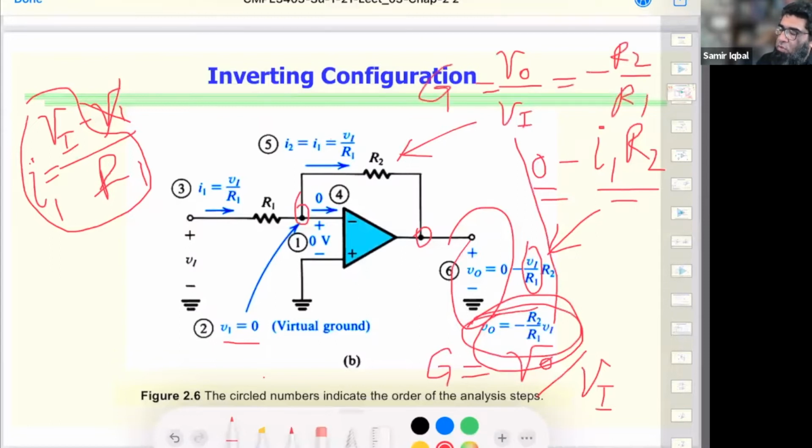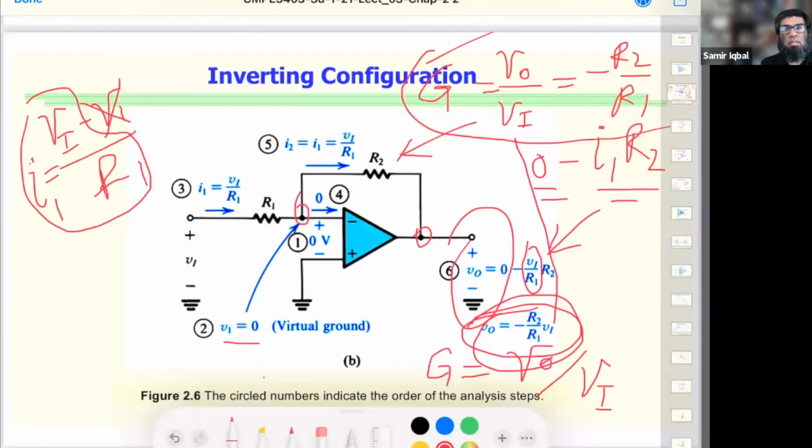So my closed loop gain is finite. We started with infinite open loop gain, but the configuration has done something interesting. It has taken that uncertainty out of the circuit where gain was infinite. Now we can control the gain by picking the right values for R1 and R2.